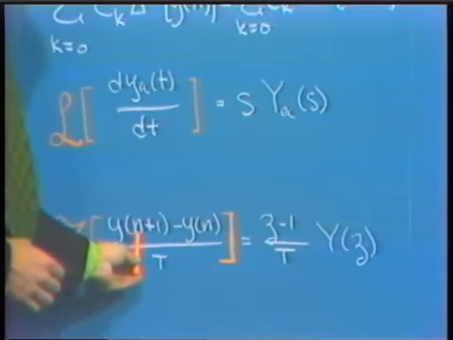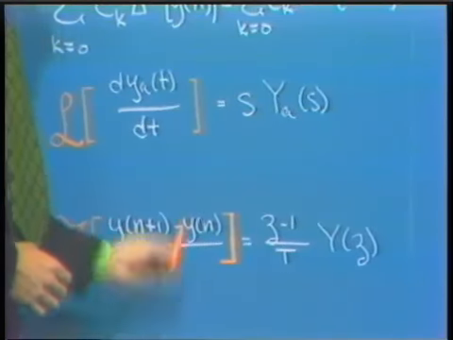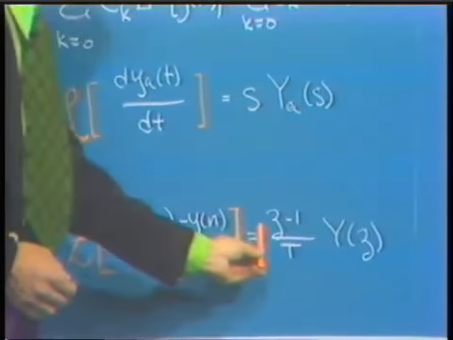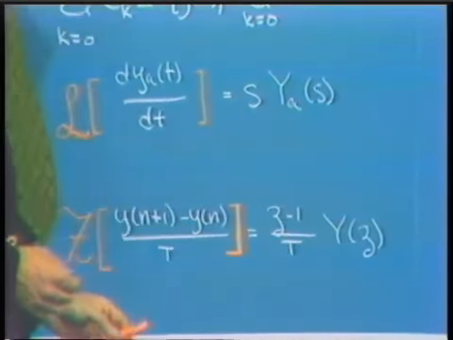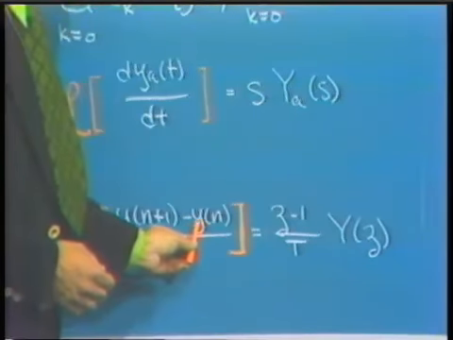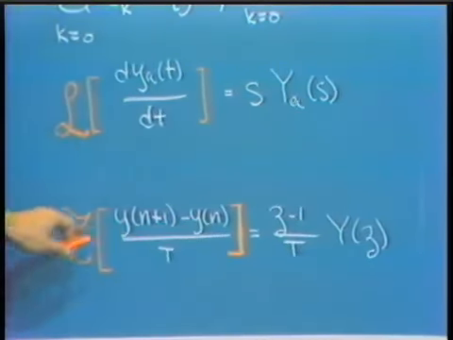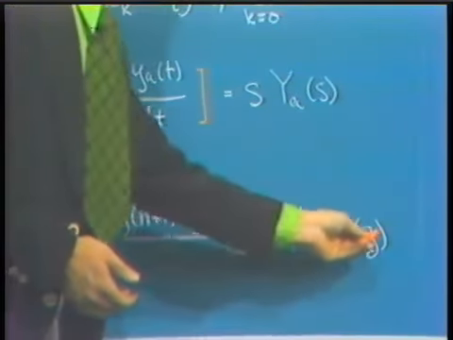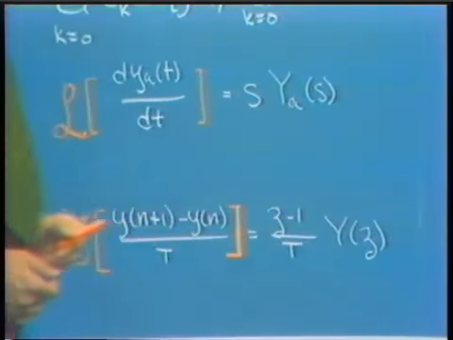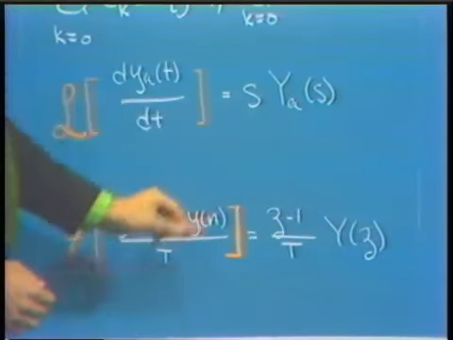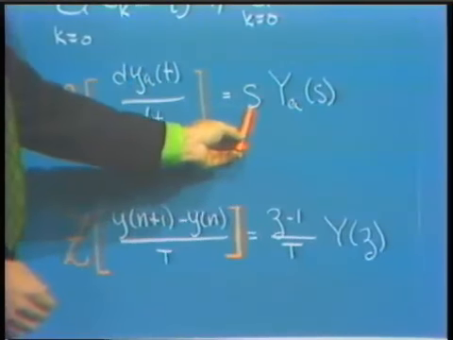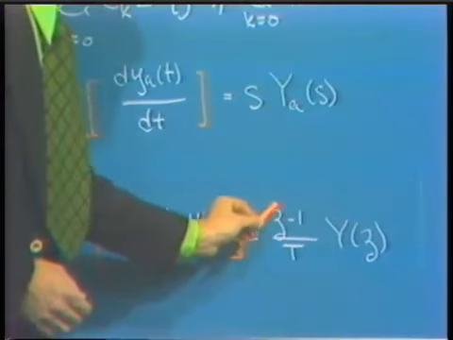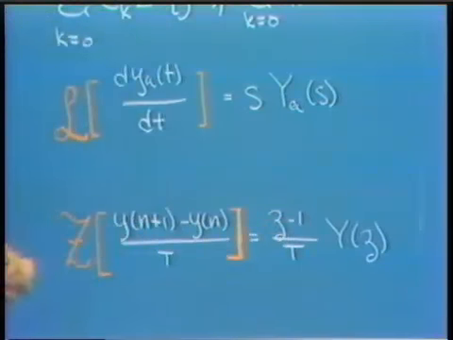The z-transform of the first difference, y of n plus 1 minus y of n divided by capital T, simply by applying the properties of z-transforms, results in z minus 1 divided by capital T times the z-transform of y of n. So the operation of taking the first difference corresponds to multiplying the z-transform by z minus 1 divided by capital T. So in the continuous time domain, the derivative corresponded to multiplication by s. In the z-transform domain, first differencing corresponded to multiplication by z minus 1 divided by capital T.